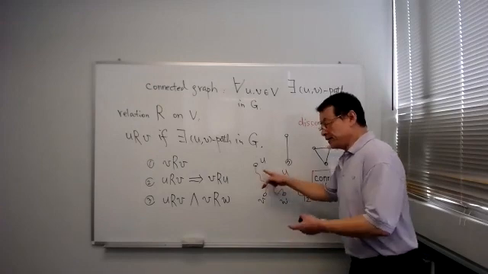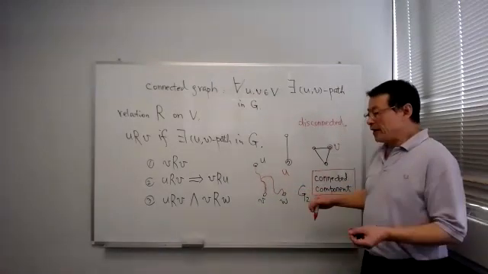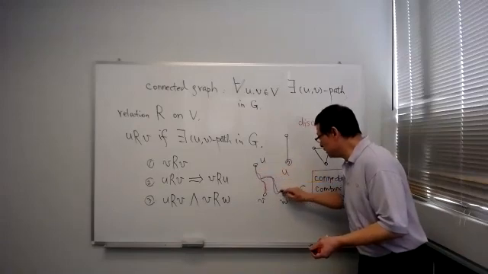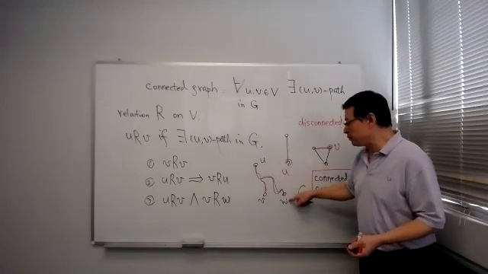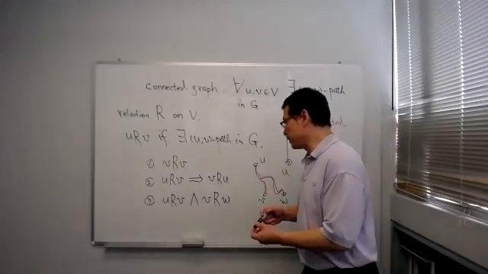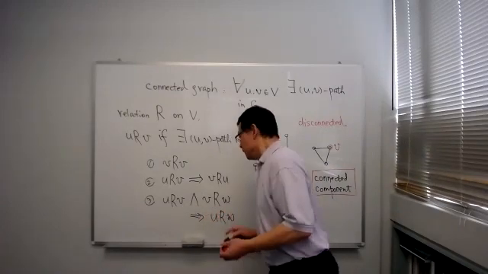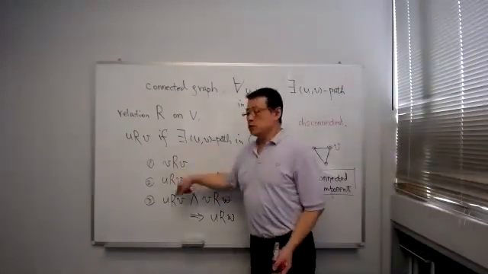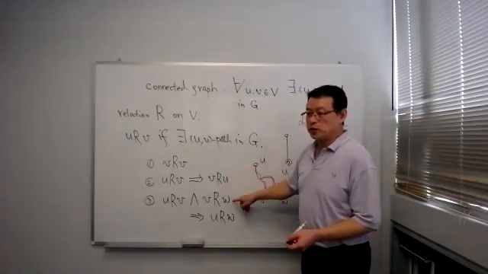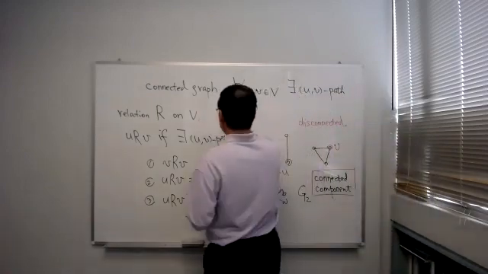Now, these two paths may have something in common, right? But not necessarily. Whenever there is overlap, I can take a shortcut to find a path from U to V, U to W. This one has no repetition of vertices. So that means the relation is transitive. Actually, it's a reflexive, symmetric, and transitive relation. Therefore, it's an equivalence relation.